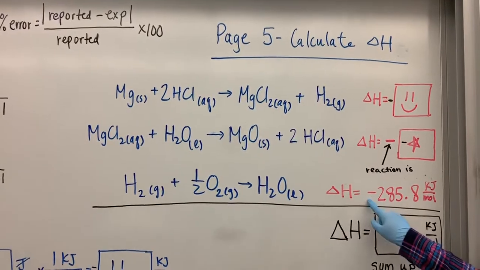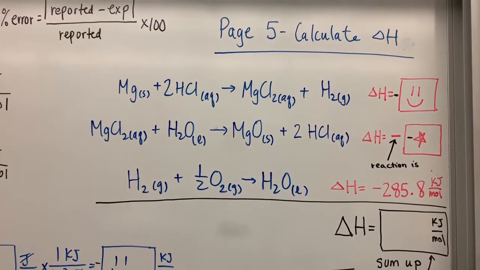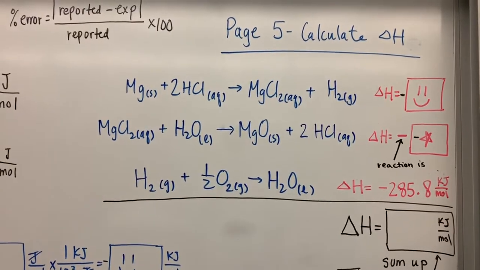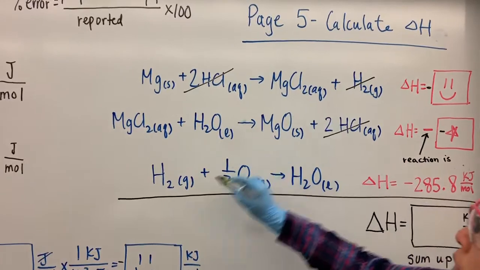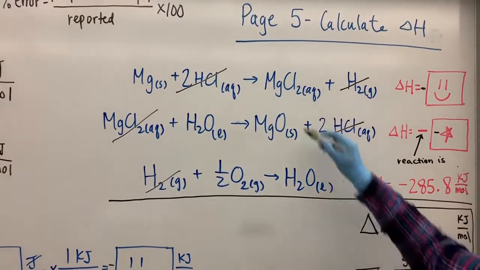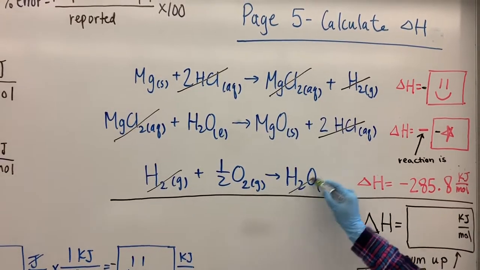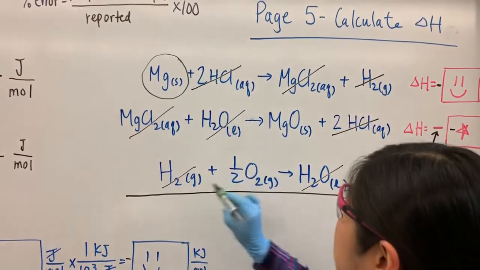And this number here is from your textbook, so we're not going to change that. And again, we're just going to apply Hess's law. HCl cancels out, H2 cancels out, MgCl2 cancels out, and water cancels out. We bring down what is left over.